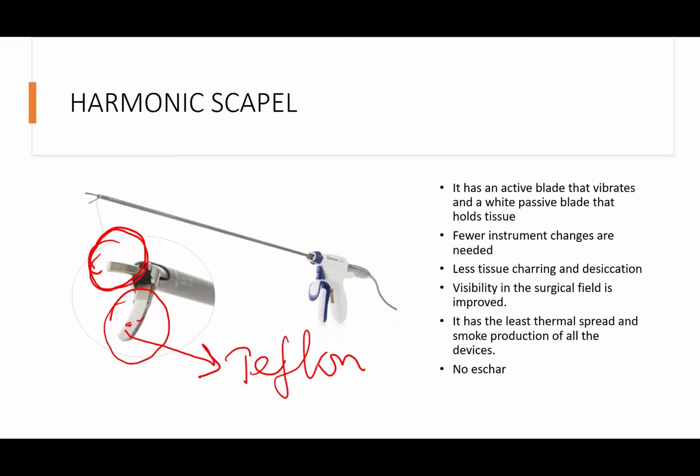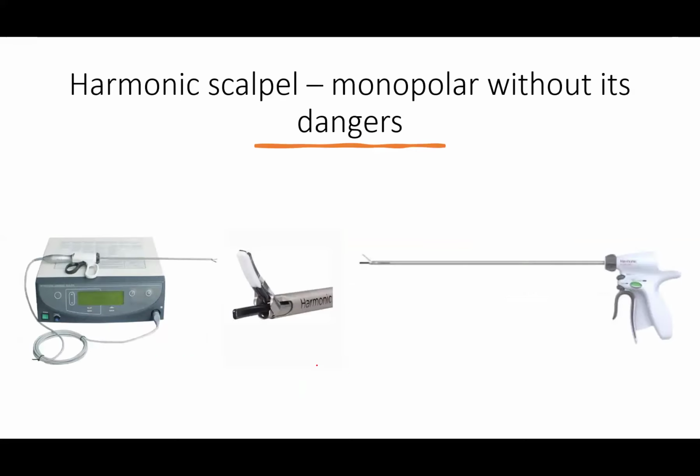It has the least thermal spread and smoke production of all the devices. And when you use the harmonic scalpel, there is no scar. You don't see the burning or charring you see in monopolar. So you can call the harmonic scalpel a monopolar without its danger.